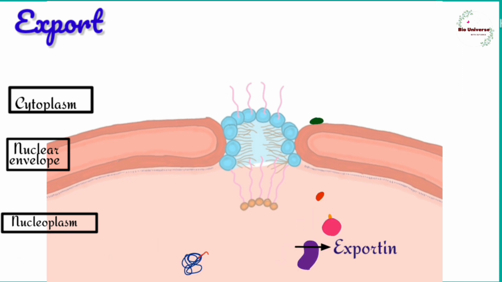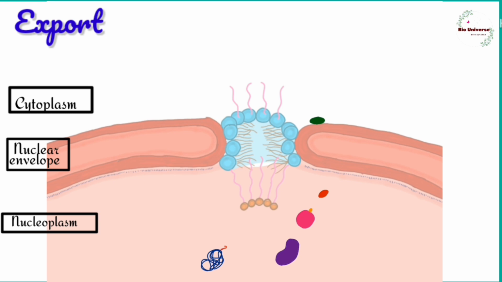Exportin is a nuclear receptor which binds with the nuclear export signal of the nuclear protein with the help of Ran and GTP to exit the nuclear protein from the nucleus.